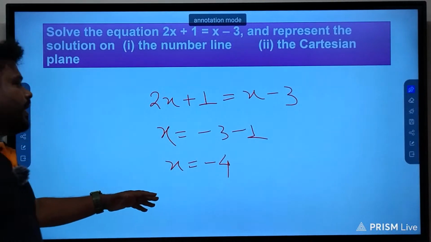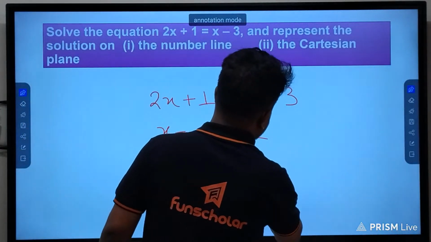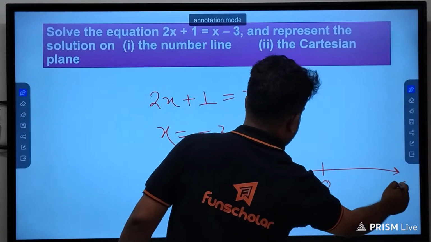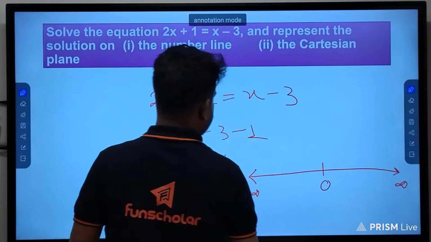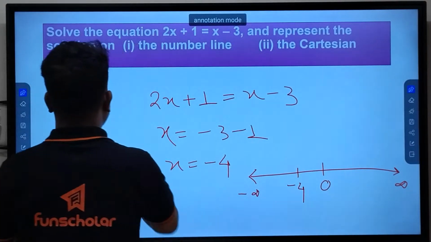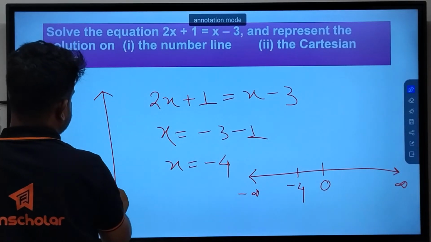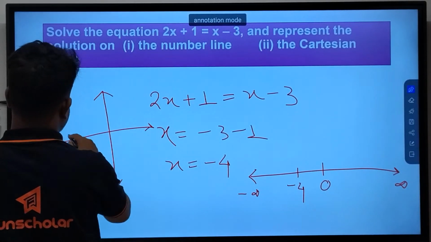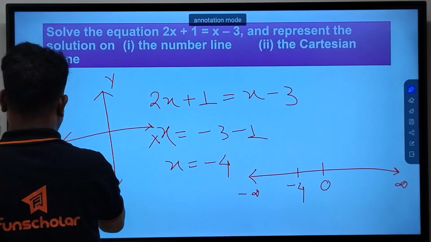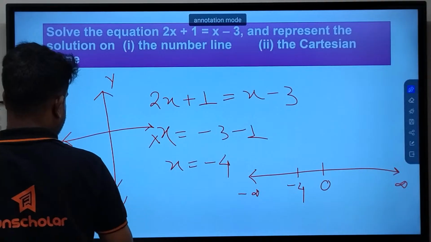and you have to just put the value of this x on the number line, which will go from 0 to plus infinity and minus infinity. So, minus 4 will lie at this point, and in the Cartesian plane, that means which has x and y axes, it will be x dashed and y dashed.